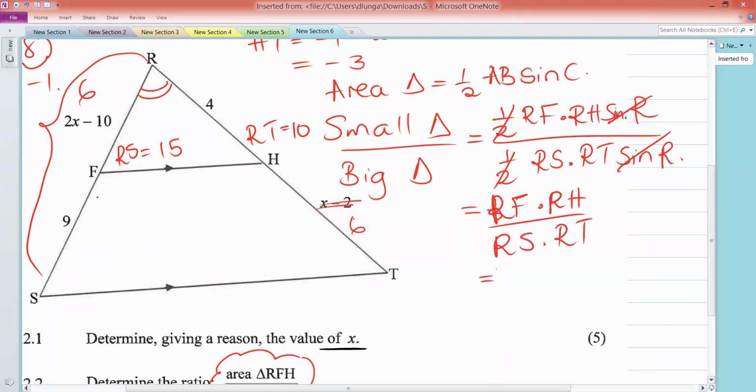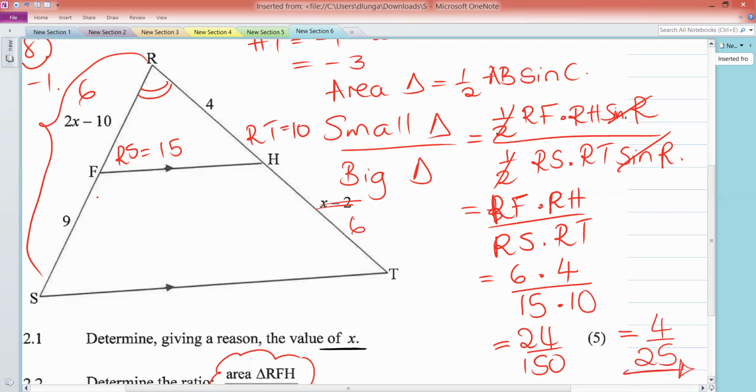Let's plug in RF, which is 6, times RH, which is 4, over RS, which is 15, times RT, which is 10. When you simplify all this, 24 over 150, which simplifies to 4 over 25. Right, people?